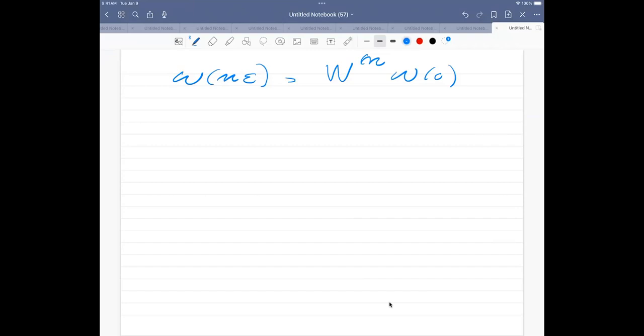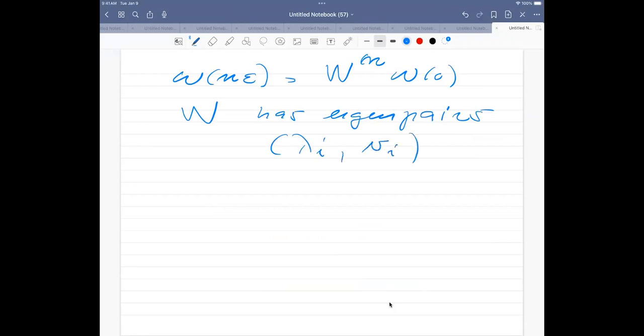Let's now assume that this W, which is a matrix, and we are assuming it's finite dimensional, in principle it's infinitely dimensional, has eigenpairs, with eigenvalues lambda_i and eigenvectors v_i.